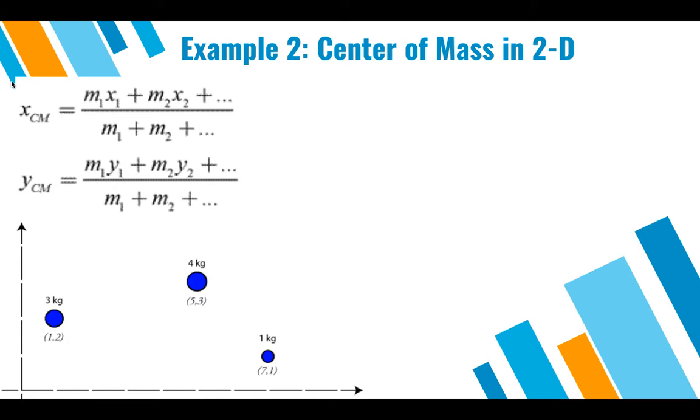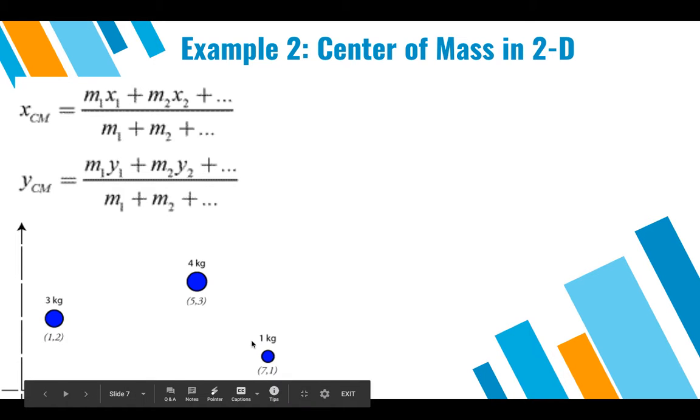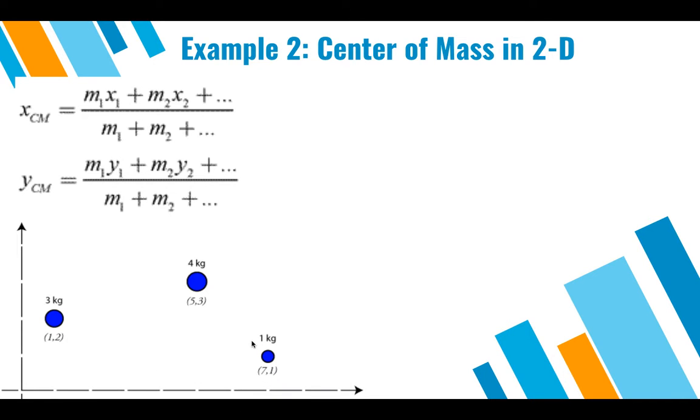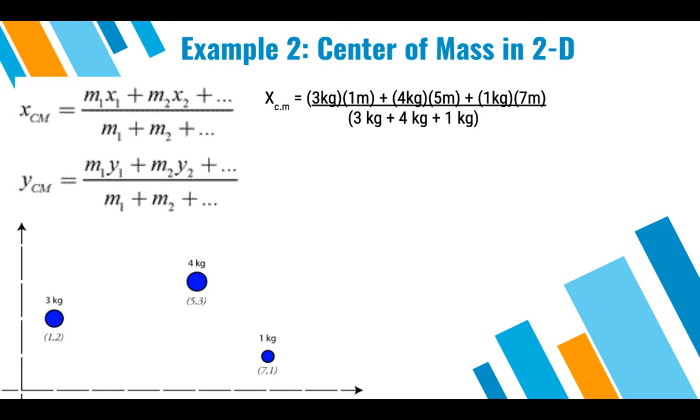First we'll start out by finding the x coordinate. This system has a significant x and y coordinate value, so we need to find the position of the center of mass in both the x and the y and come up with a coordinate. For our x coordinate, we take our masses and multiply by the x positions.